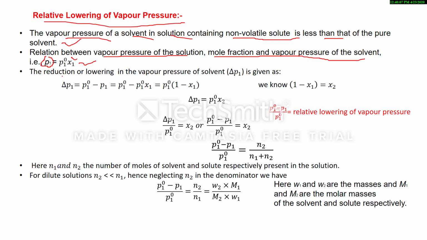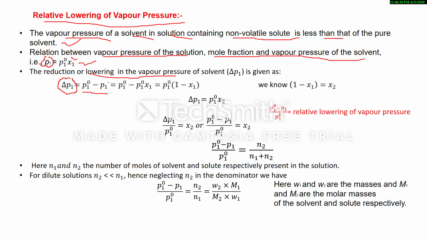So this difference of P1° and P1 is called lowering of vapor pressure and is represented by ΔP1. So ΔP1 = P1° − P1. Again remember, ΔP1 is the lowering in vapor pressure.